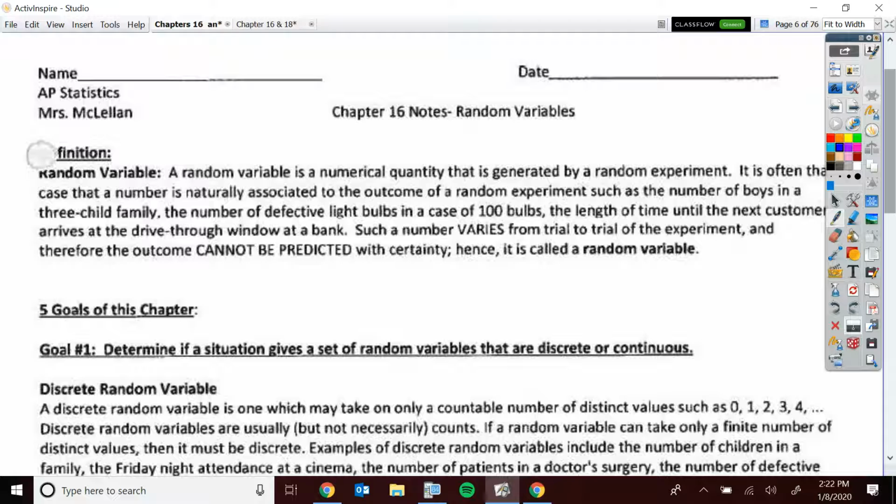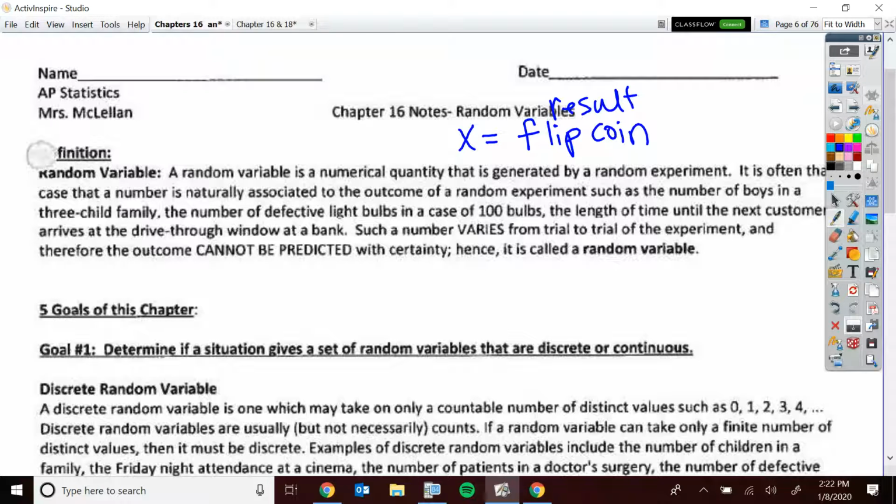So let's talk about what a random variable is. In our previous example, flipping a coin, the result that you get when you flip a coin is our random variable.